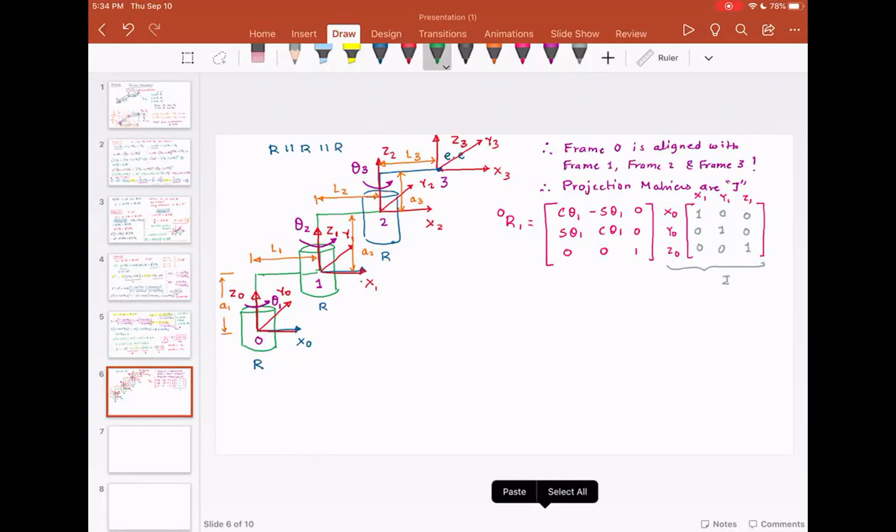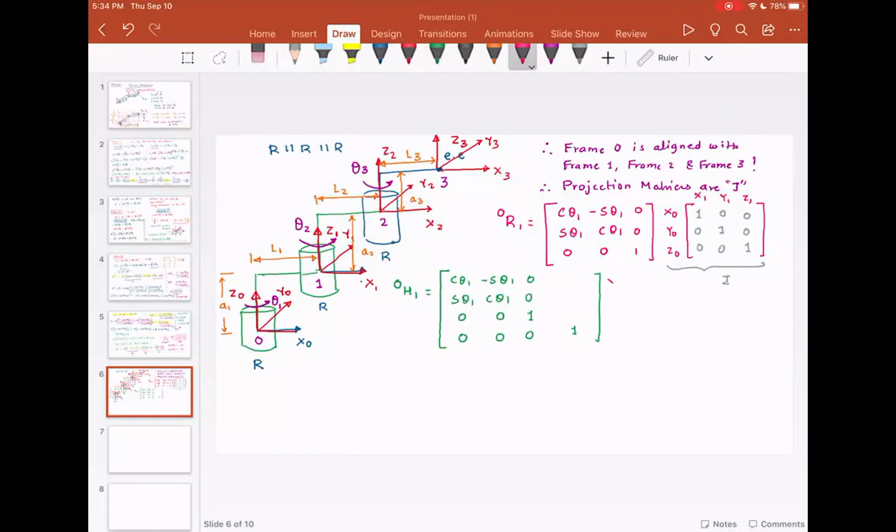So first, I'm going to have 0h1. 0h1 will look like cosine theta 1, minus sine theta 1, 0; sine theta 1, cosine theta 1, 0; 0, 0, 1. Then I will have 0, 0, 0, and I will have 1 over here. Then I need the distances along x0, y0, z0.